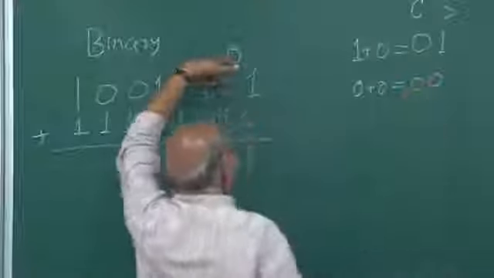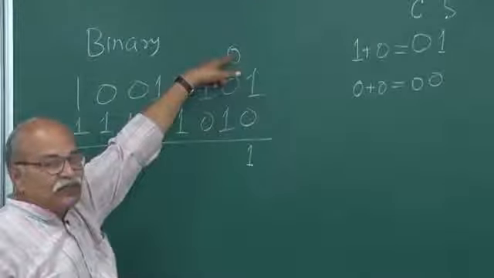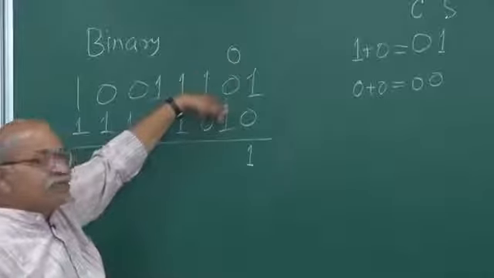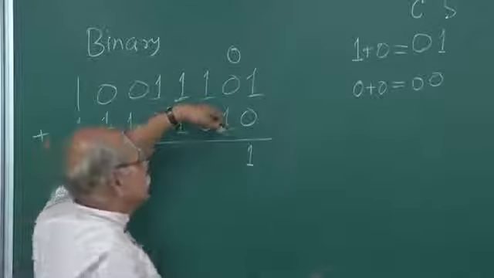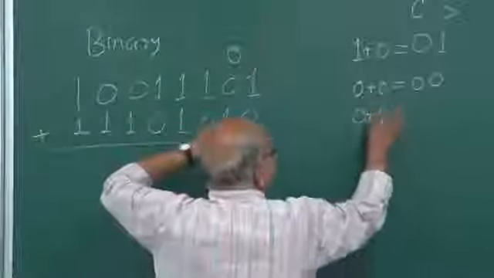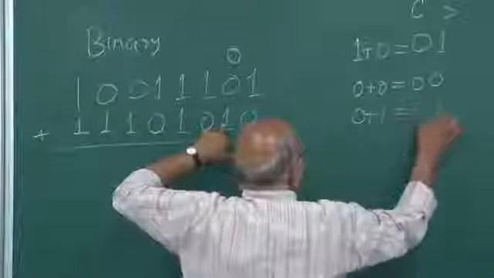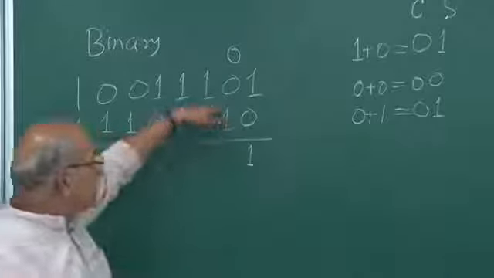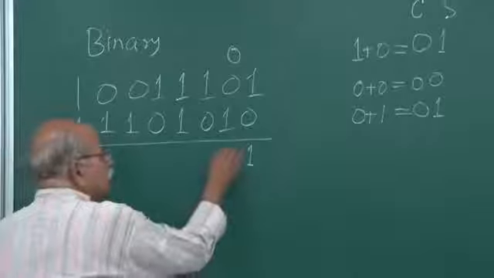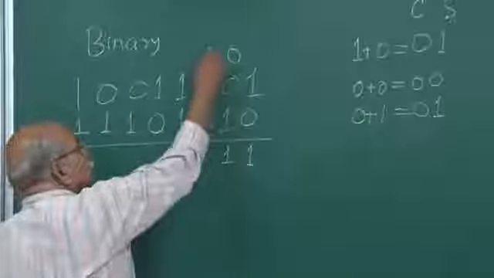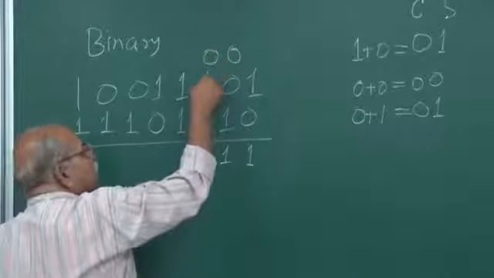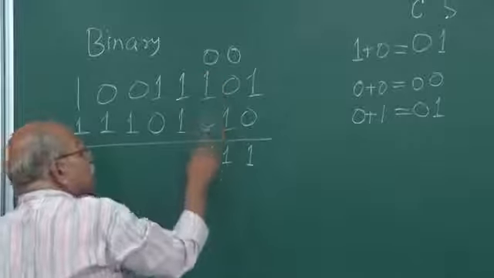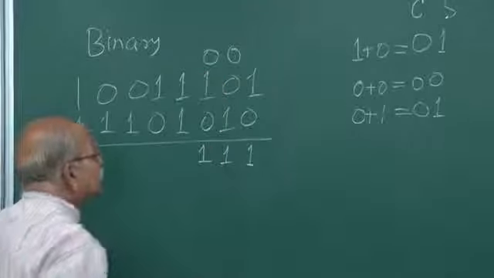So sum is 0 and carry is 0. And that sum is to be added in this. So 0 plus 1. So 0 plus 1 is also 0 1. So sum is 1 and carry is 0. So 0 plus 1 will be 1 and 1 plus 0 will be 1. So this will be 1 here.